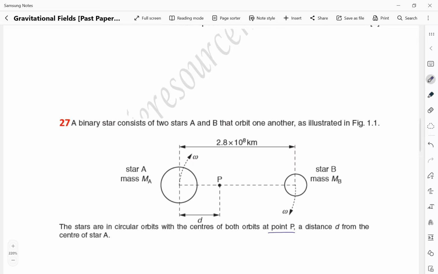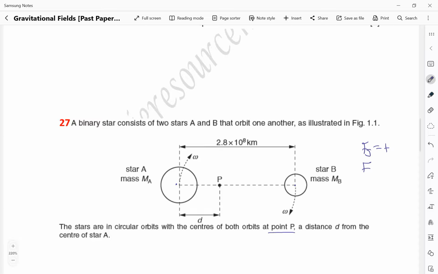And if the gravitational force is equal but opposite, it also means that the centripetal force on each of the stars is equal but opposite, because the gravitational force caused by star A on star B is the one which provides centripetal force on star B.